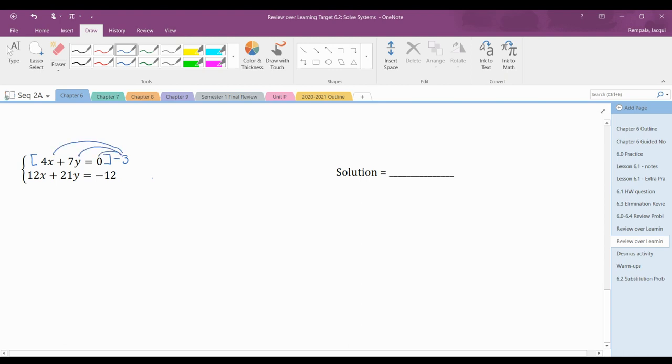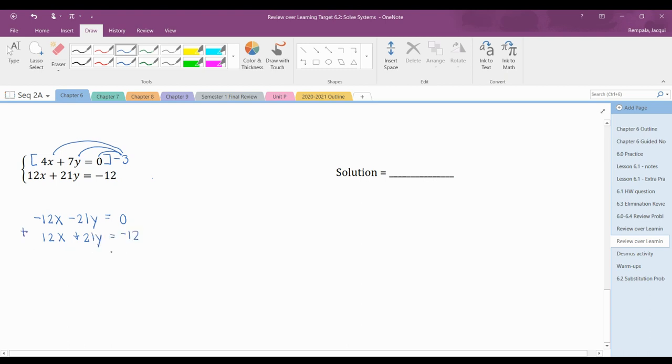So I'm going to distribute that negative 3 to everything in the top equation. So like we said, 4x times negative 3 will be negative 12x. 7y times negative 3 will be negative 21y. That's going to equal 0 times negative 3, which is still 0. We didn't have to multiply anything in the bottom equation, so I'm going to keep that as it is.